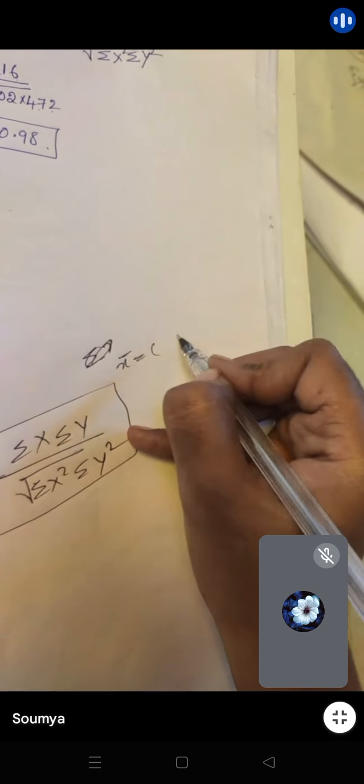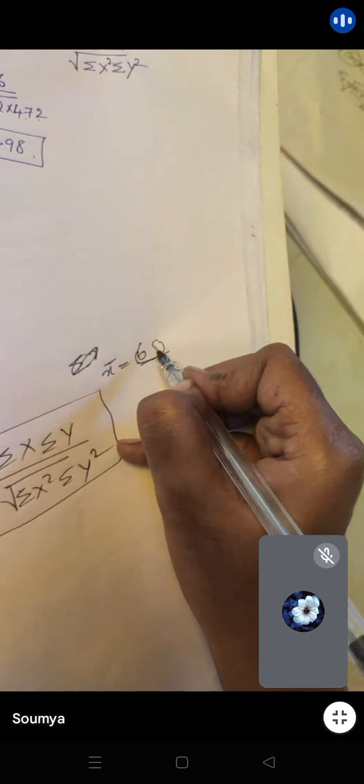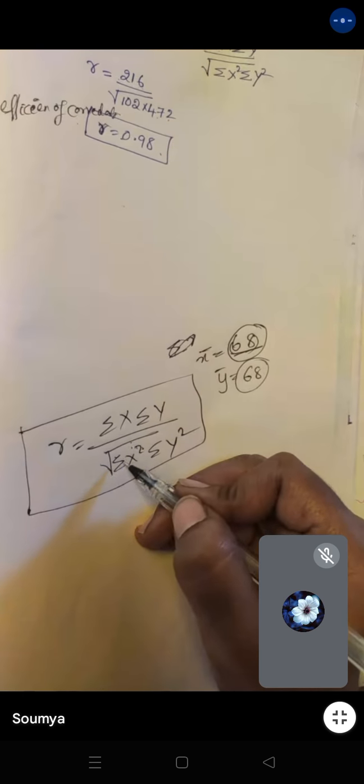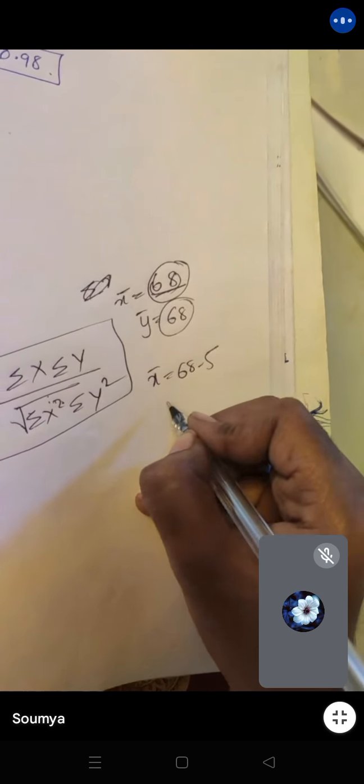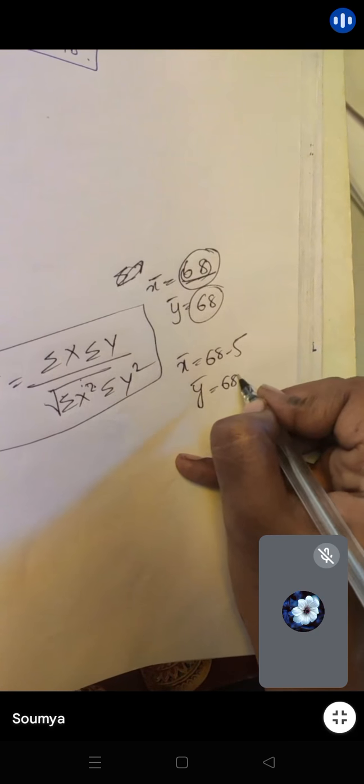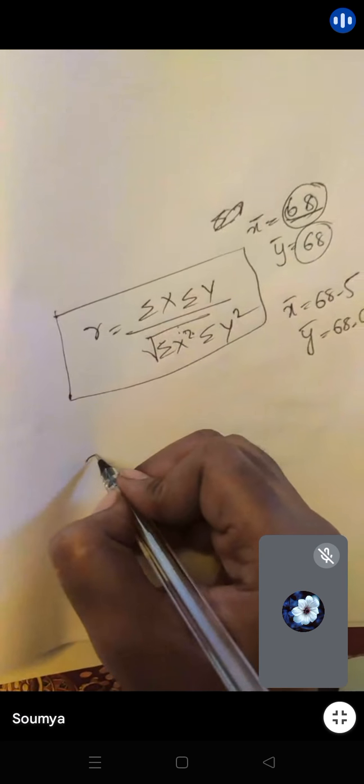When x bar is the same integer value. Suppose you got x bar equals 68 and y bar equals 68, we will go for this coefficient of correlation. Suppose you got 68.5 and y bar equals 68.9, you have to go for a formula like this.